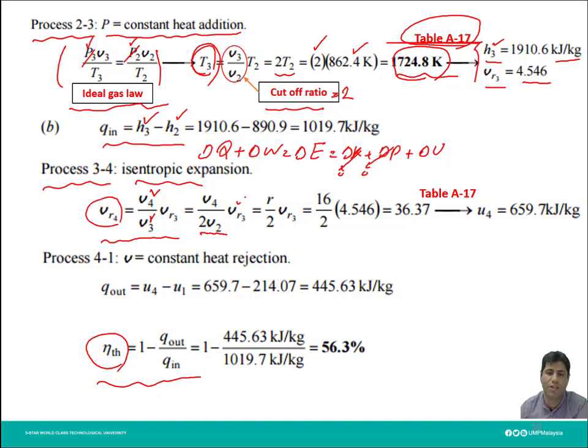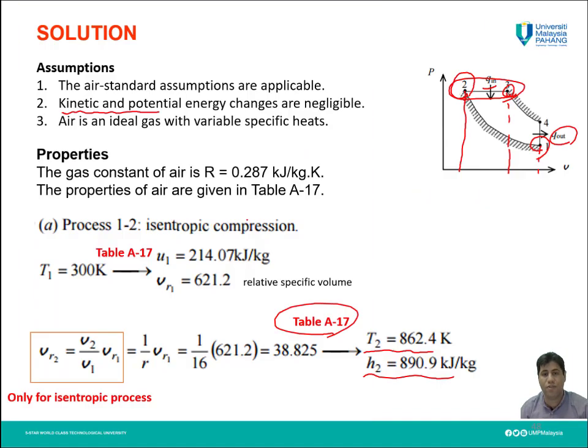We have VR3, but again we don't have V4 and V2. But if we again go to this graph, V4 divided by V2, what is it?